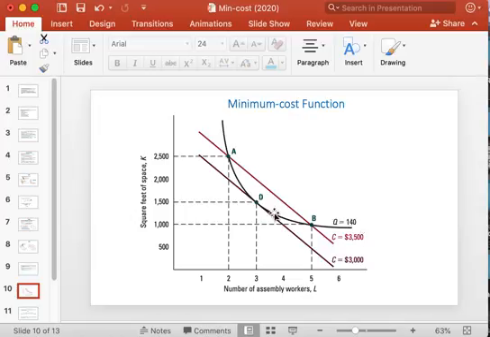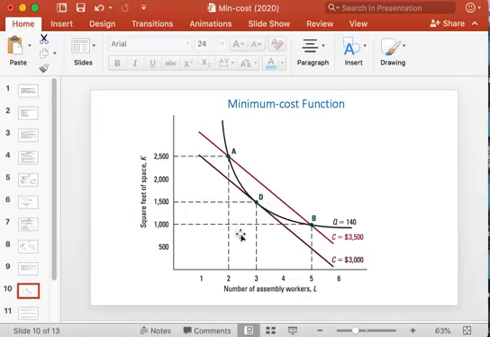Okay, so if you take any other point, for example point A along this isoquant line, then this will give the combination of inputs of production: 2 assembly workers and 2,500 square feet of space.